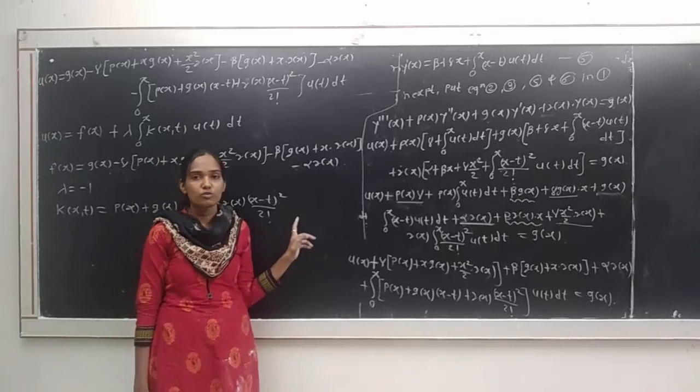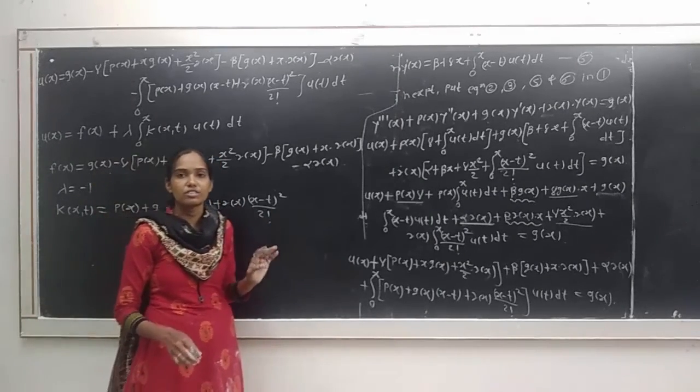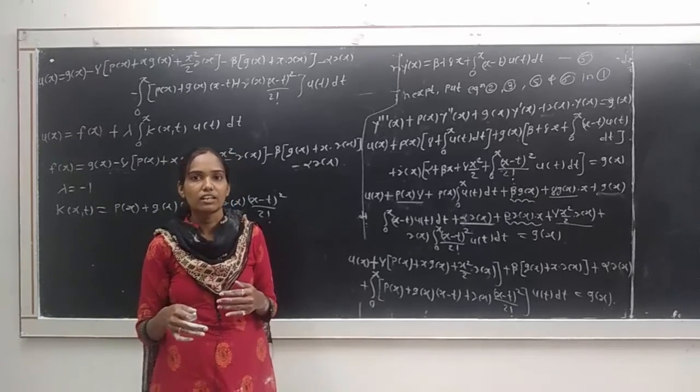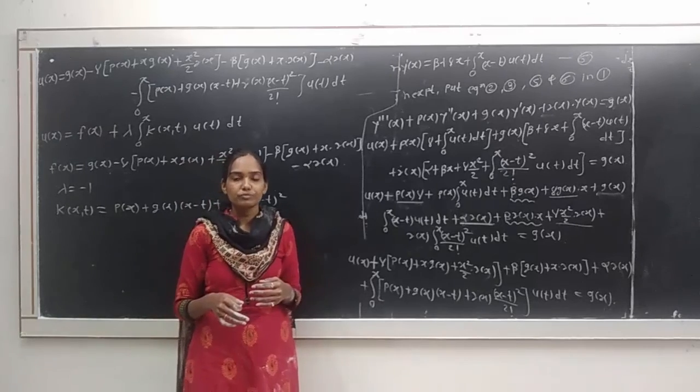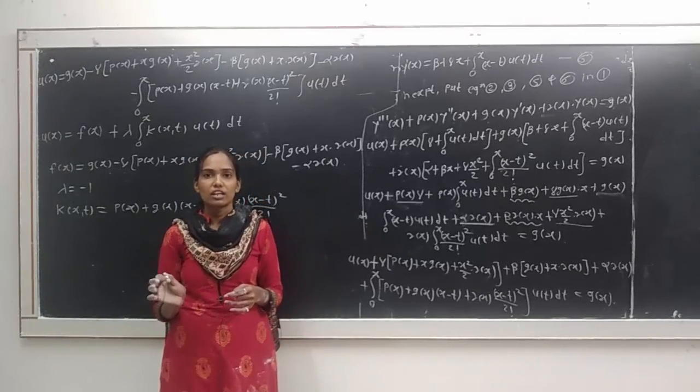For that first we have to set the higher order derivative equal to the function u of x and take the integration of that equation up to converting the given equation to the Volterra equation.